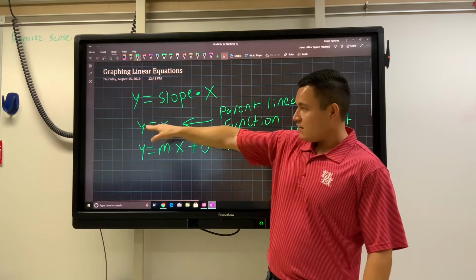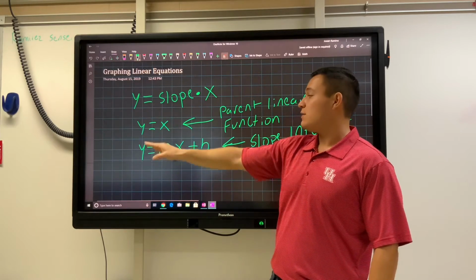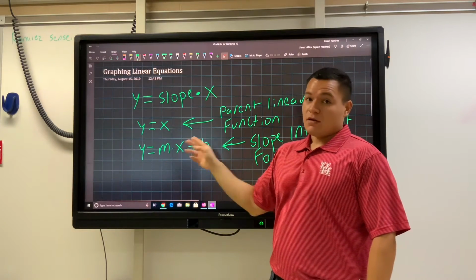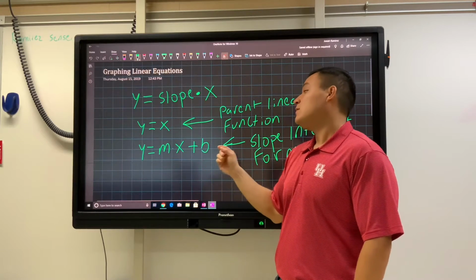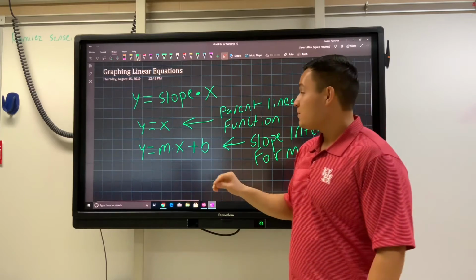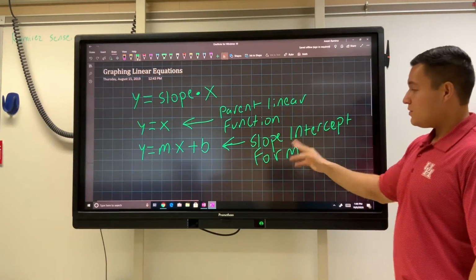And you might have seen this middle one in 7th grade last year. Maybe you saw this, but we definitely talk about this as regular 8th grade math in Texas. But since you're doing algebra, this is called the slope-intercept form.